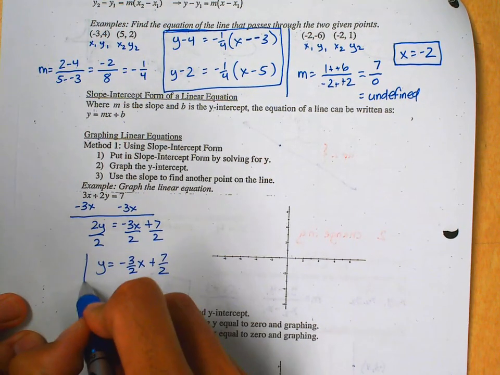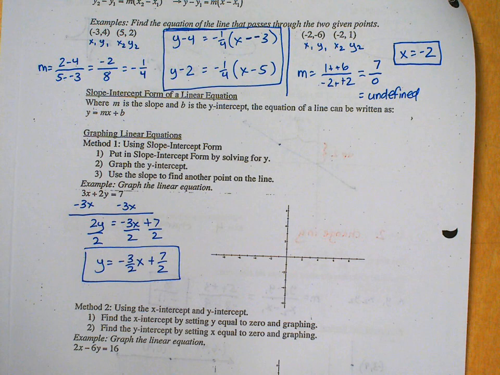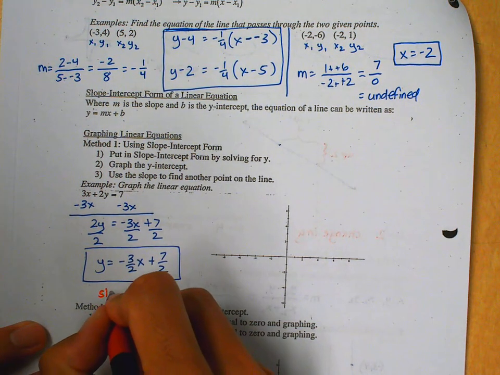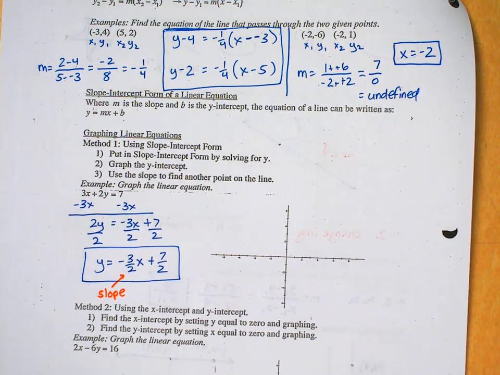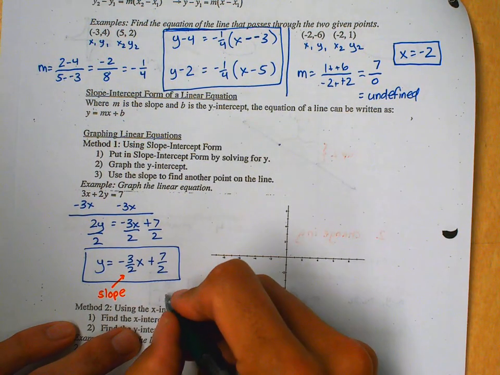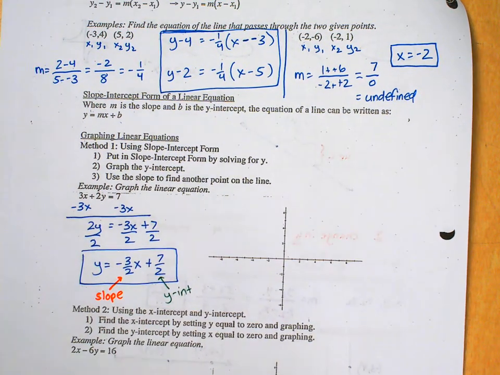So there is slope-intercept form. I can see right away my slope is right there, negative 3 over 2. My y-intercept is right there, 7 over 2.